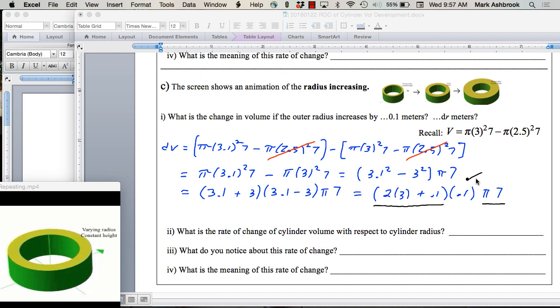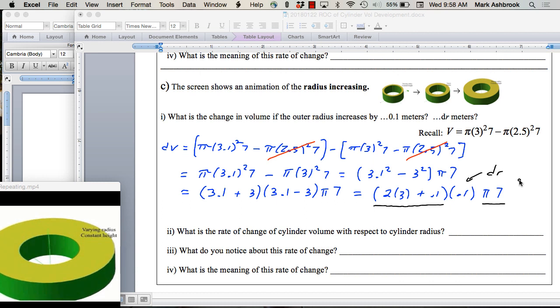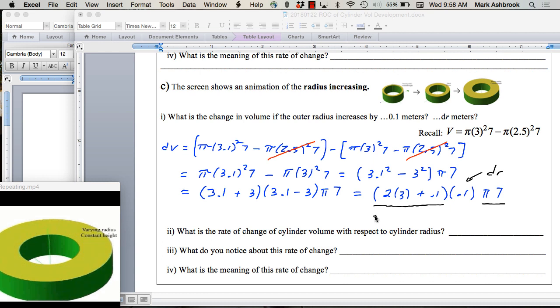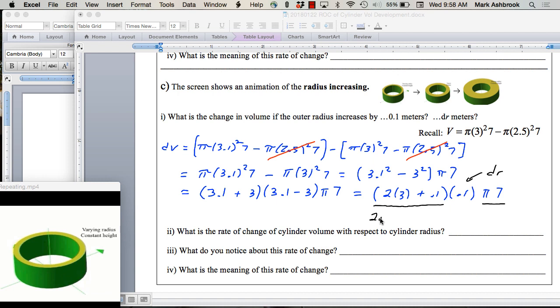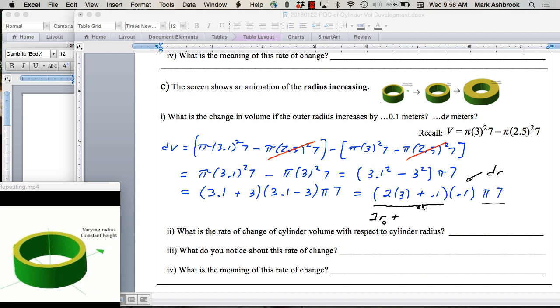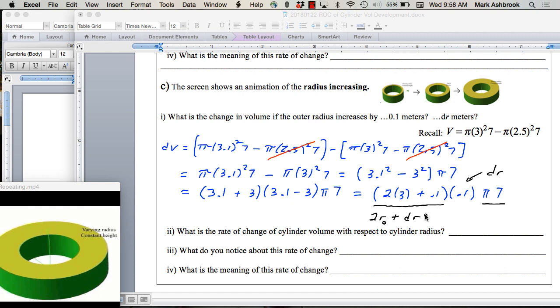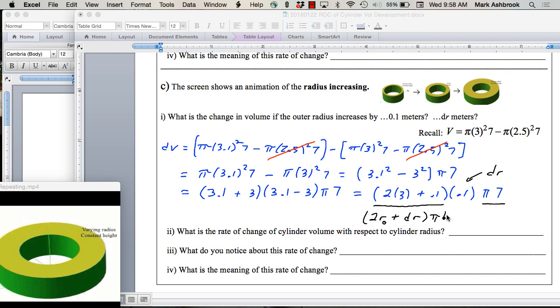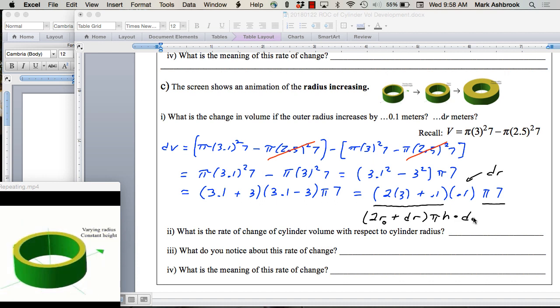So if we were to do this generically, what did we really get? We got 2 times r outer plus dr times pi h times, I'll throw the dr at the end. Do you see that?